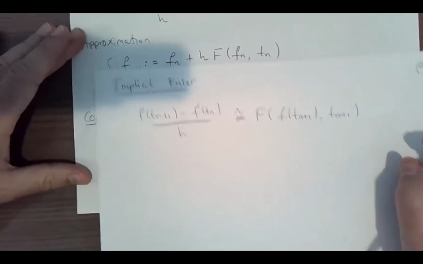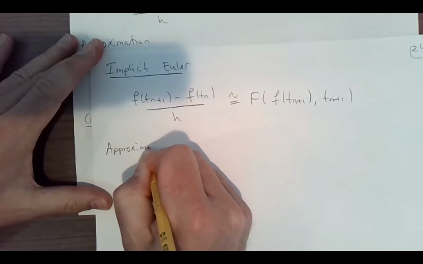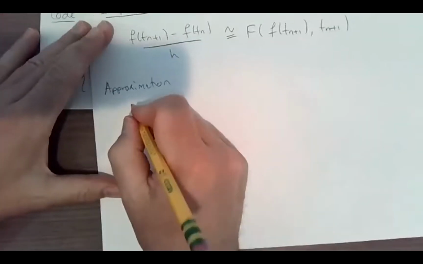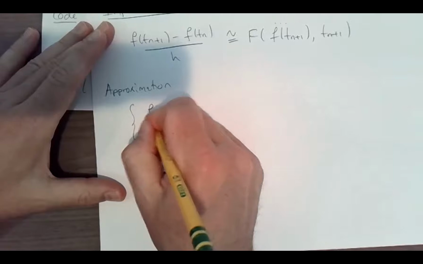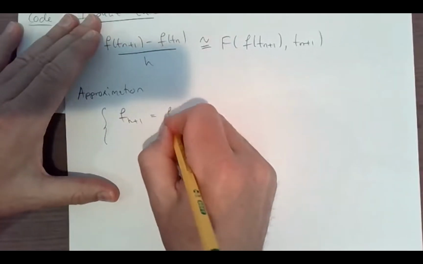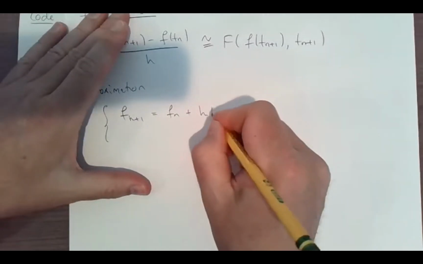So this would give us the approximation f_{n+1} equal to f_n plus h times f at t_{n+1}.